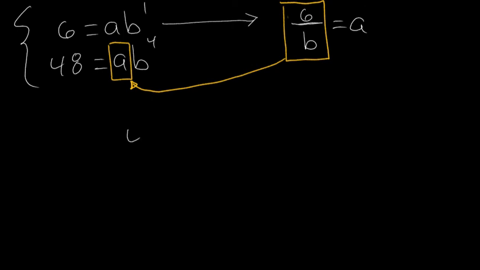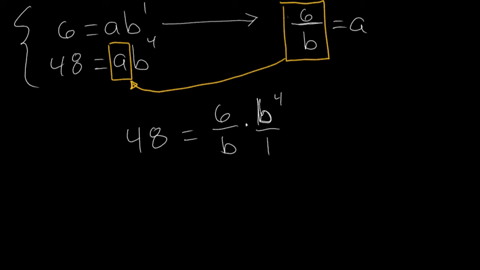So I'm going to write 48 equals, and then instead of writing a, I'm going to substitute in 6 over b. And then I'm going to multiply that by b to the fourth power. I'm intentionally writing it like this because I want you to understand that b to the fourth power is b to the fourth over 1.